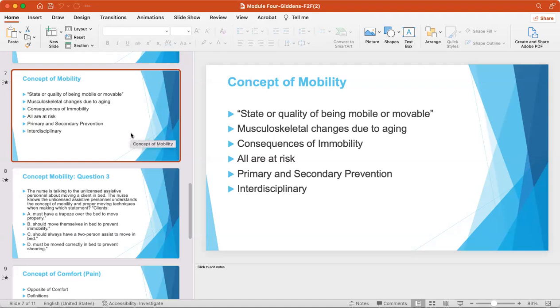All right, now the skin plays a significant role as well. That system can be impacted by immobility, and skin breakdown is huge. The GI system is impacted by immobility as well. It can lead to constipation, right?